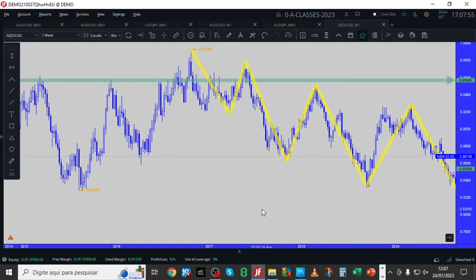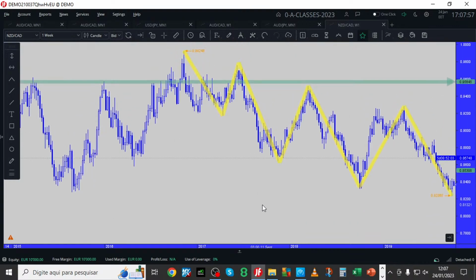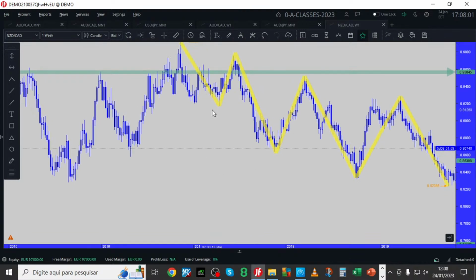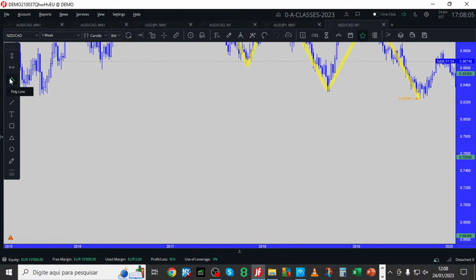Okay, so it's a no-brainer. Now we are on the NZD/CAD weekly chart, right? Now the market wave, we talked about the market wave already, everybody. We have a down extension, down retracement, down extension, okay?